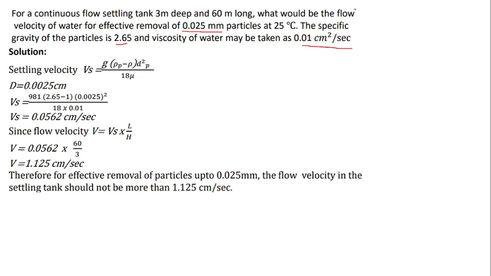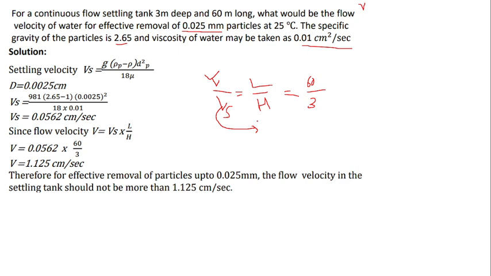Question asks us to find the flow velocity. We know the relation, right? V by Vs is equal to L by H. So L is given already, which is 60 meter long, and the H is given, that is 3 meter deep, and we need to find the V. For that, Vs is important.